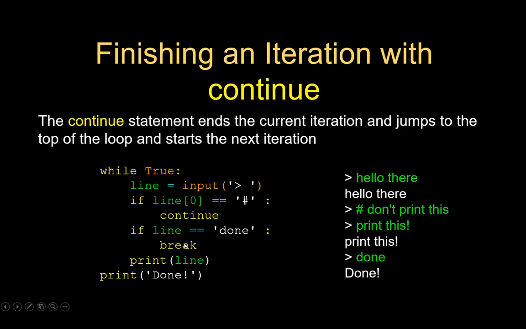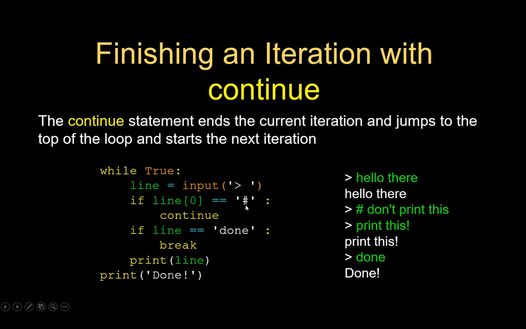So if you remember again, the break statement would get out of the loop, but the continue statement will go back to the top of the loop. But in both instances, whatever is after break or after continue in the loop block will not be executed, and it will be bypassed.